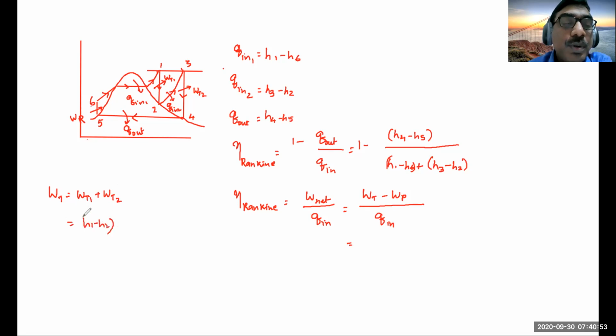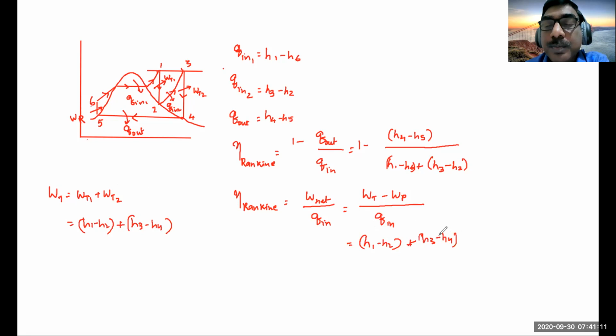H1 minus H2, plus WT2 is H3 minus H4. So you are substituting here H1 minus H2 plus H3 minus H4 minus the pump work, which is H6 minus, sorry, H6 minus H5, divided by Q in, same quantity, H1 minus H6 plus H3 minus H2.